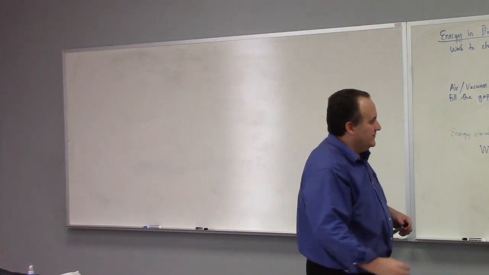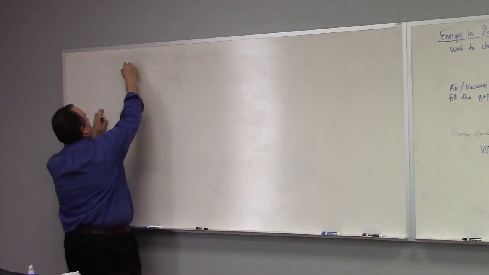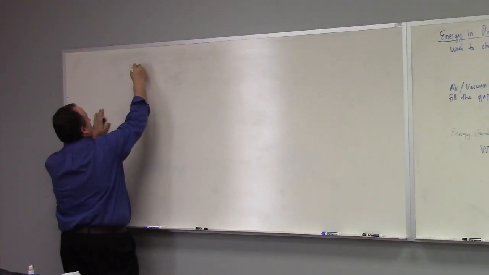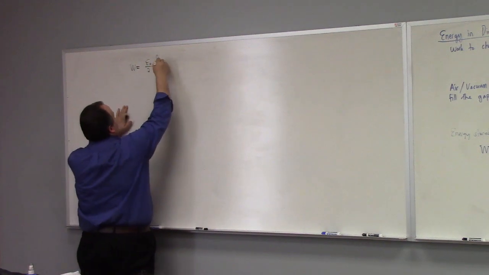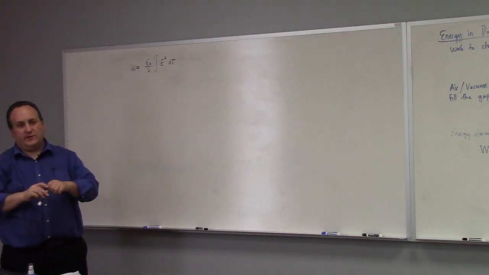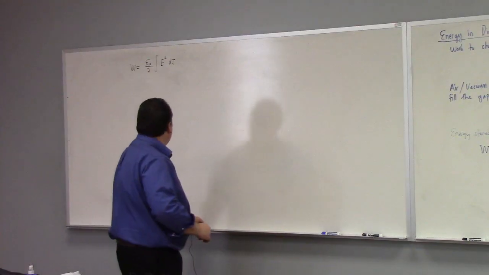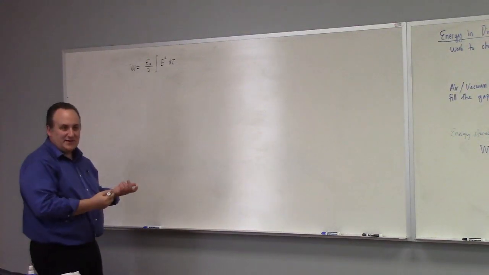So that formula right there, the work, epsilon naught over 2 times the integral of E squared d tau, right? Let's work that out. What is the energy for the Coulomb field in all space?